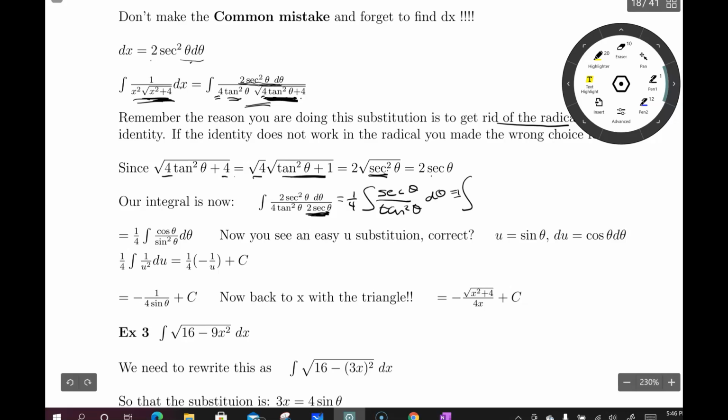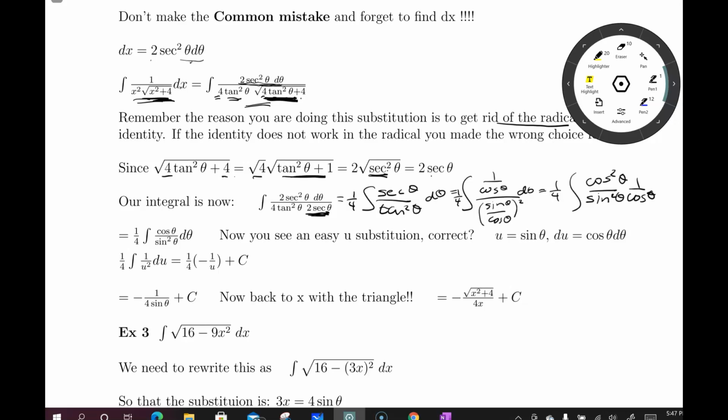I would have had to rewrite this as 1 over cosine, sine over cosine, carry the 1/4, multiply by the reciprocal. Oh, I forgot to square these guys, right? This is squared. Multiplying by the reciprocal, I get cosine squared over sine squared times a 1 over cosine. So one of the cosines goes away, so I get a cosine to the 1 power over sine squared.